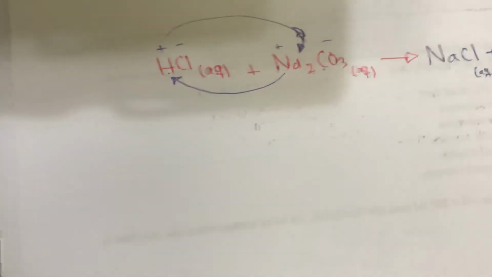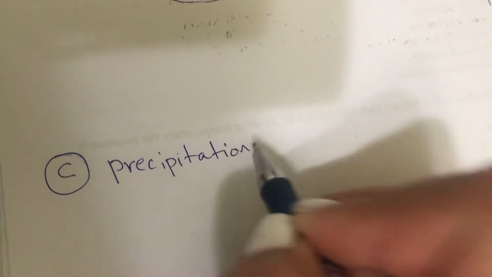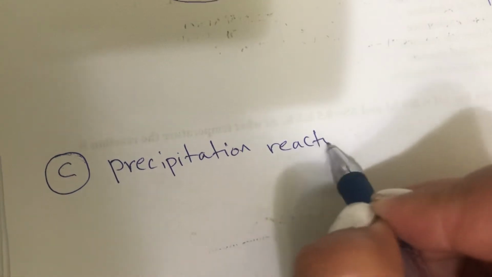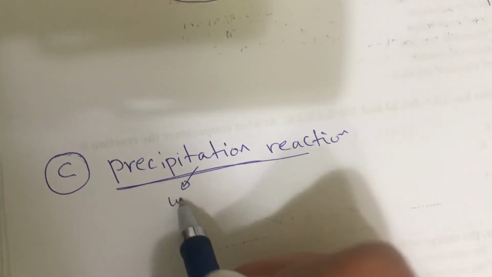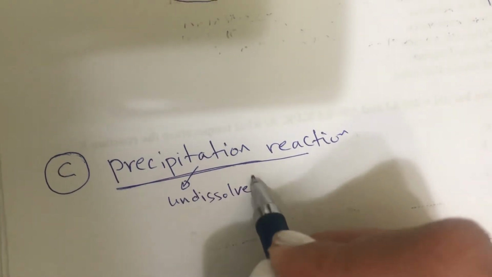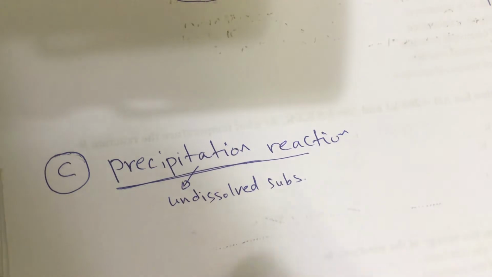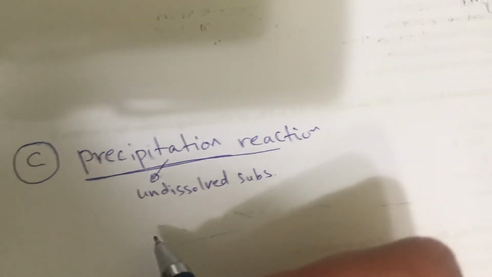The third type of double displacement reaction, precipitation reaction. Precipitation means undissolved substances. So a precipitate will be formed in the reaction.